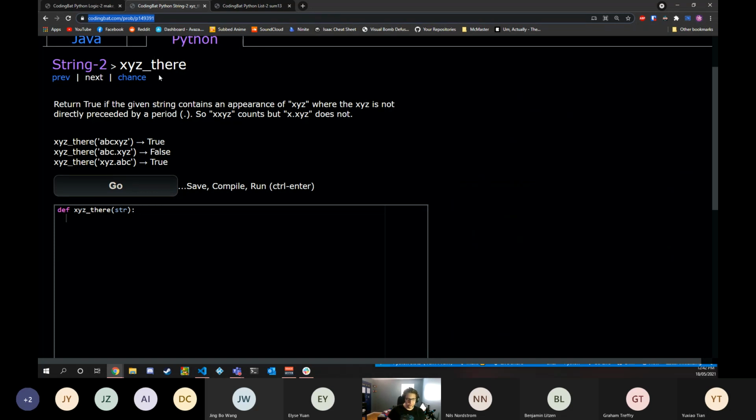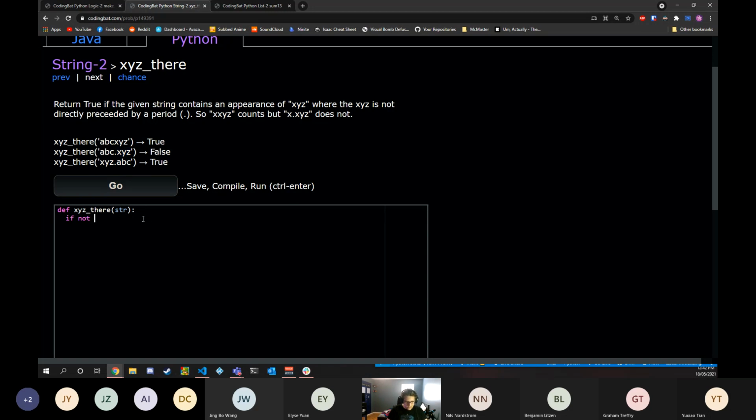So string 2, XYZ there. String 2, XYZ there is a fun question from what I remember. Return true if the string contains XYZ, where XYZ is not directly preceded by a period. So I need to check if XYZ is in the string.